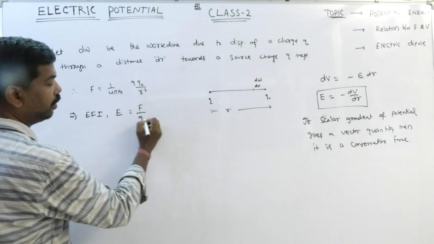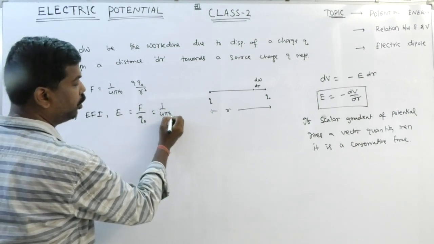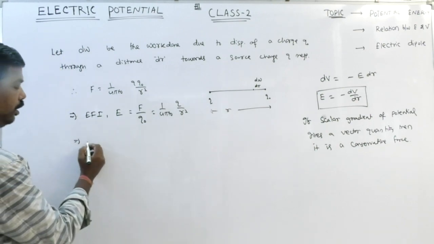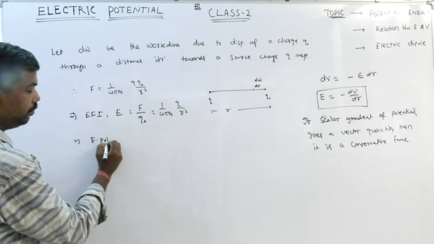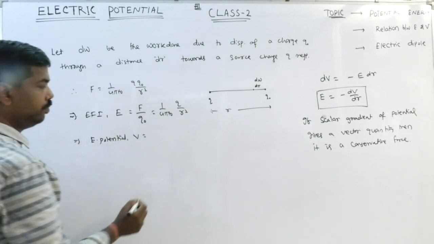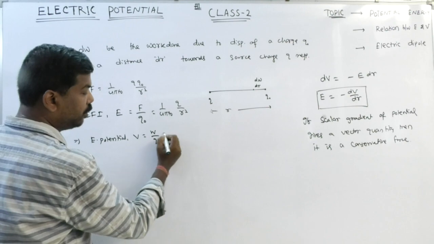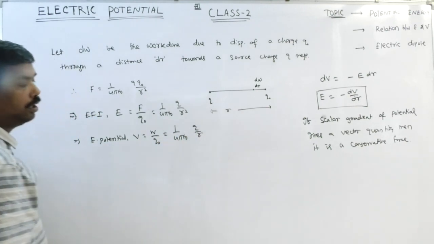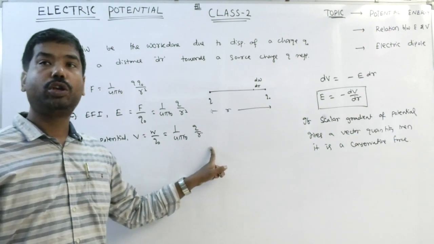F by Q0, that is 1 by 4 pi epsilon 0 Q by R square. Similarly, electric potential V is equal to W by Q0, which is found to be 1 by 4 pi epsilon 0 Q by R.